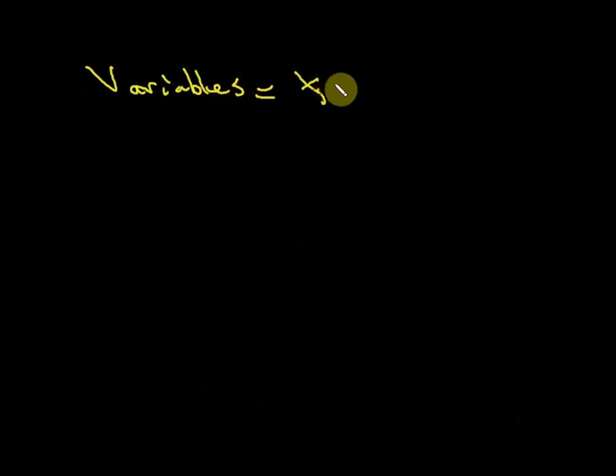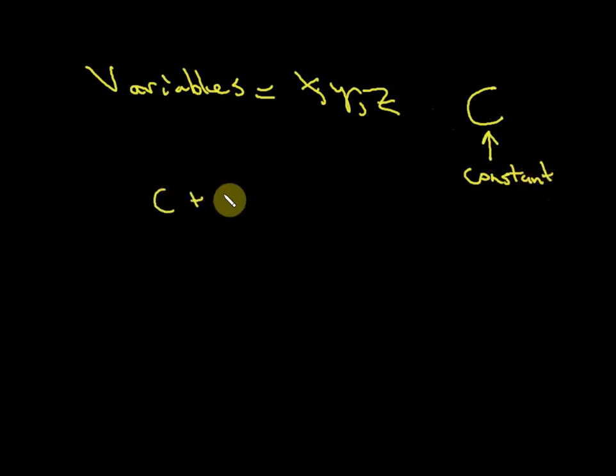So this x, y, z, and believe it or not, some of these variables can have different meanings. When you start getting into calculus, you might say variable c, so you want to be careful because c stands for constant. You don't want to say c plus 2 equals 3 because people will be really confused, since there's a standard meaning of c.